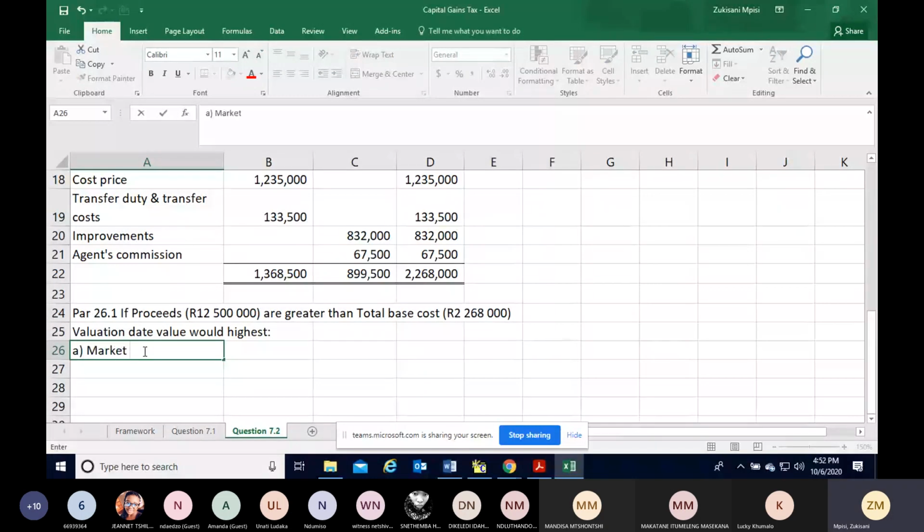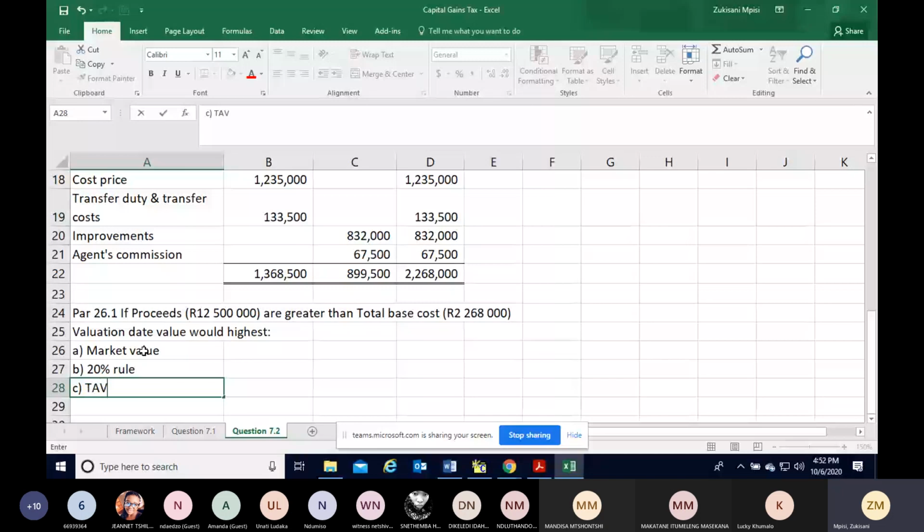market value. What is the market value that we have been given? B, 20% rule. C, time apportioned base cost.